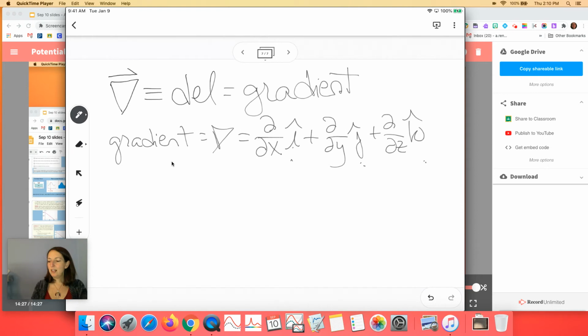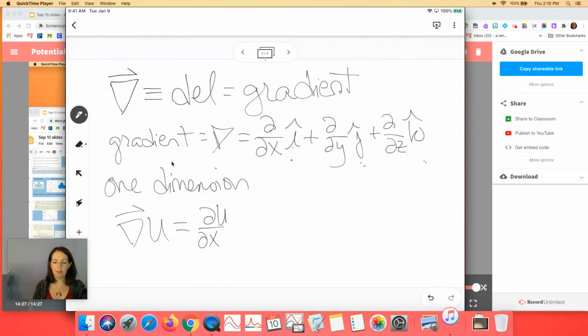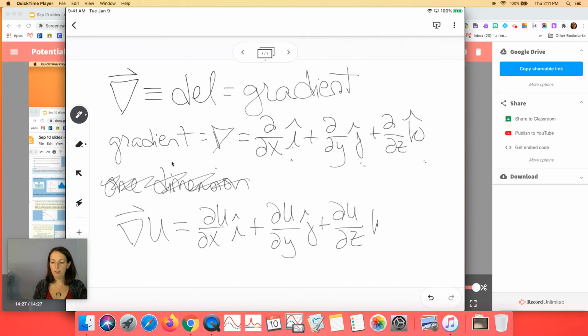So what this ends up being in one dimension, right? If I say grad u, partial x of u, oh, sorry, I'm not doing one dimension yet, my bad. Partial u, partial y, j hat, partial u, partial z, k hat.